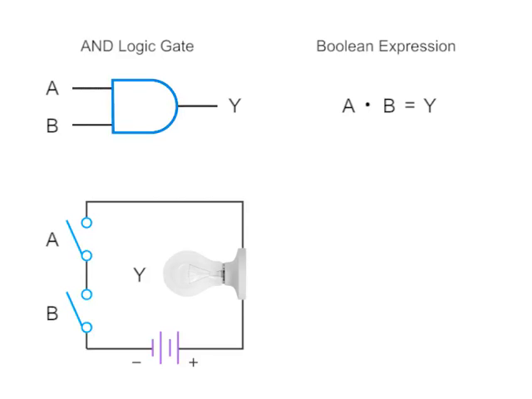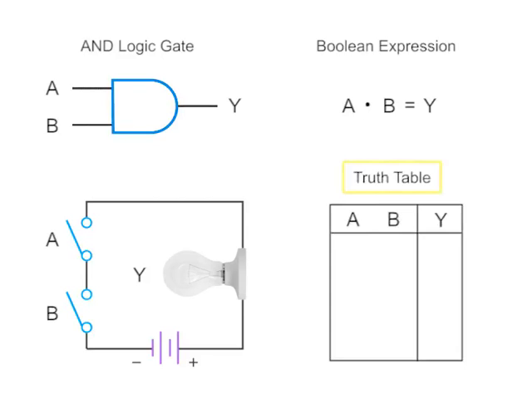To assist us in determining logic gate outcomes, we'll construct a truth table to explore how inputs and outputs relate to each other. When A and B are open or low, their values in the truth table are the binary value 0. The Y, or the output, is also 0 or low, and the bulb does not light.